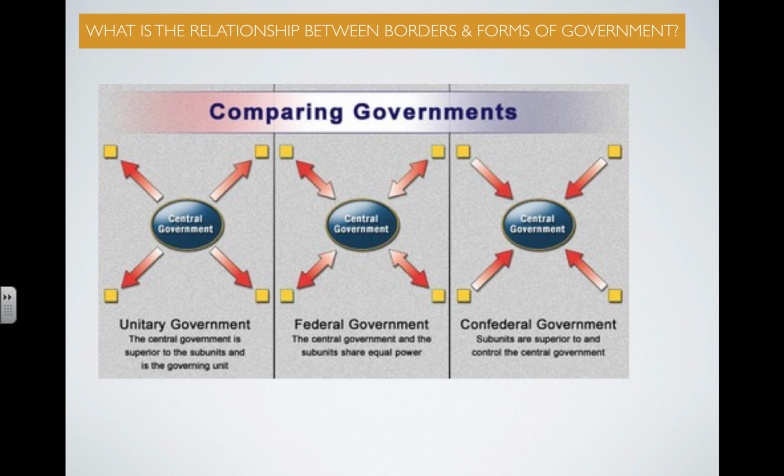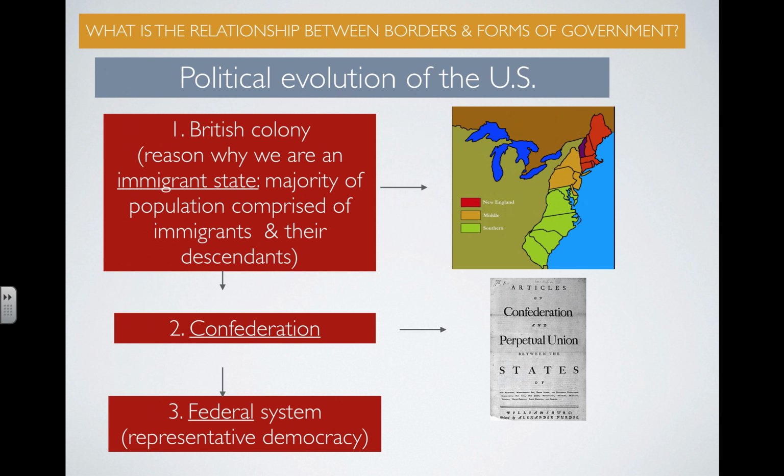This is uncommon in modern times, but it's not unheard of. We're going to touch back on this when we talk about certain supranational organizations. But keep that in mind, the Confederate form of government, where the regional governments have even more power than the central government.